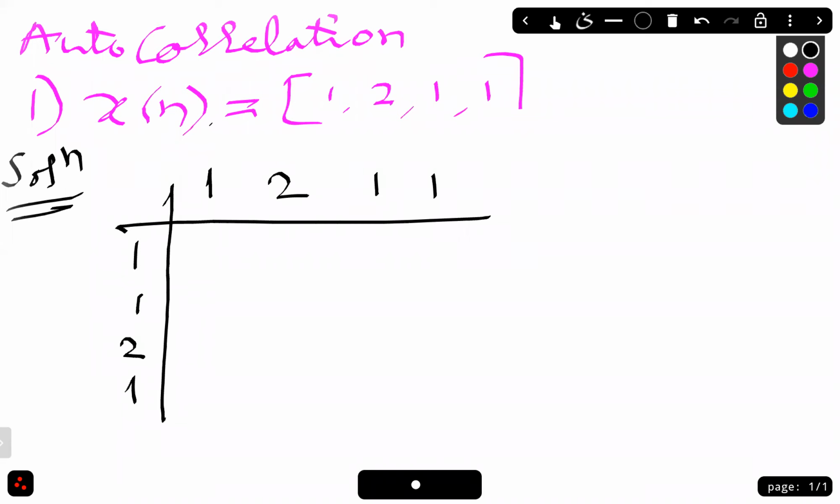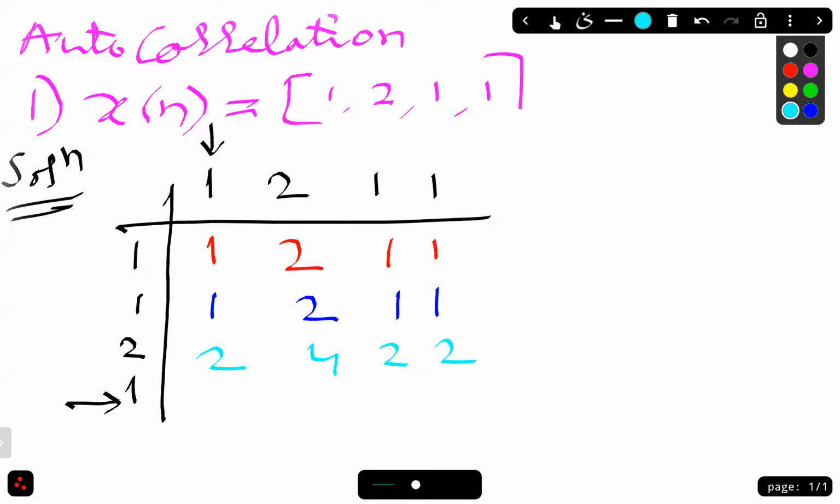So here is the arrow at this point, and here is the arrow at this point. Now you just perform the multiplication. So it is again the same process: 1, 2, 1, 1. The next is again 1, 2, 1, 1. The next is 2, 4, 2, 2. Then again we will have 1, 2, 1, 1. Then again, just club the sequences. So this will be the clubbing part.